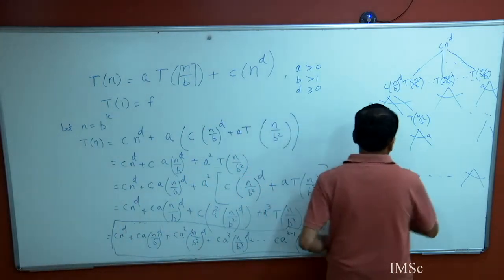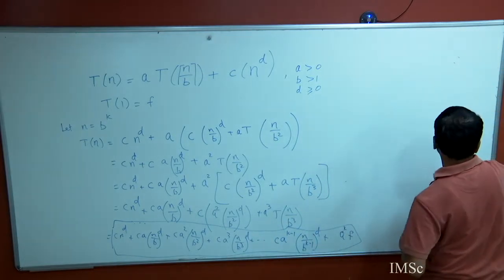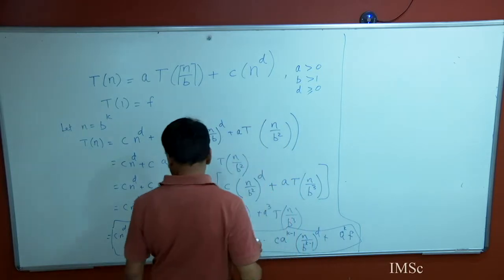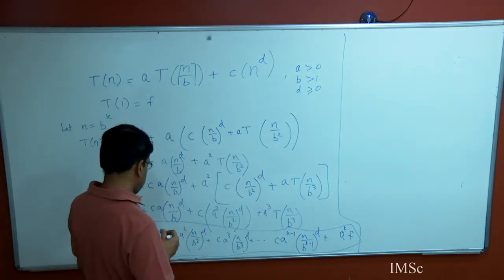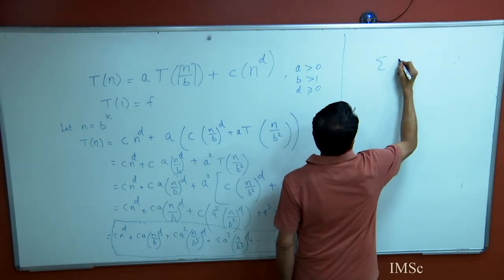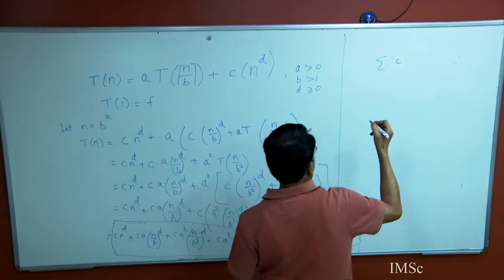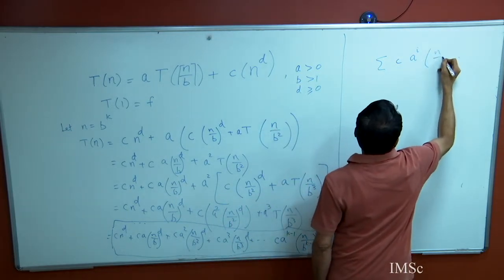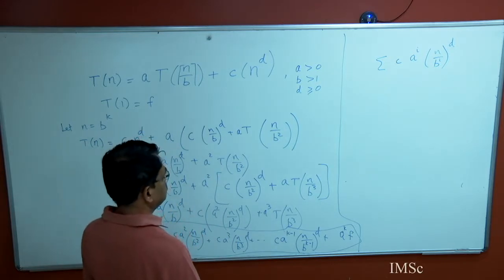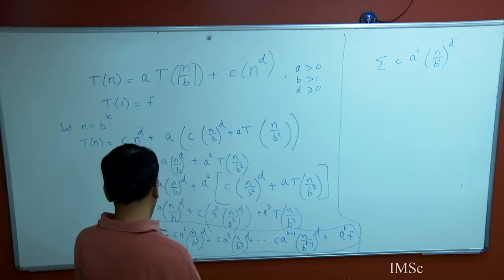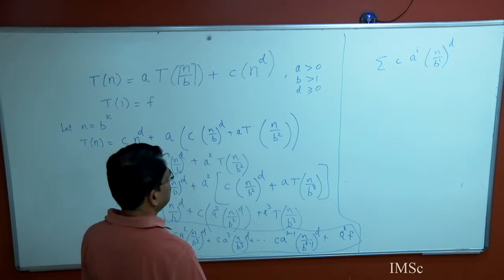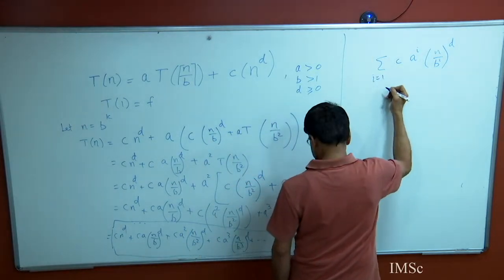Okay, so I'm going to erase this. So this is summation C A power i into n by b power i whole power d, i going from 0.